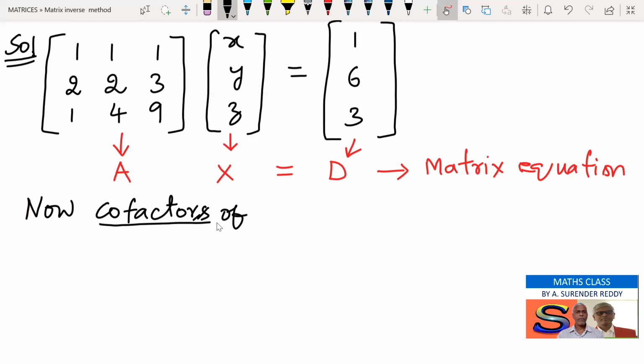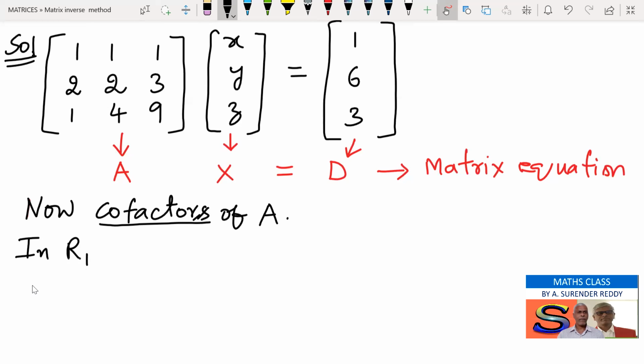Cofactors of matrix A. Now, in R1, the first 3 elements are there, in R2 3 elements, in R3 3 elements.